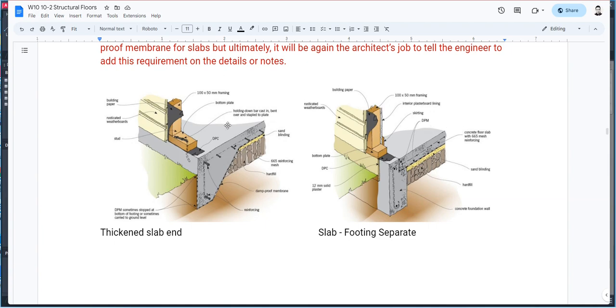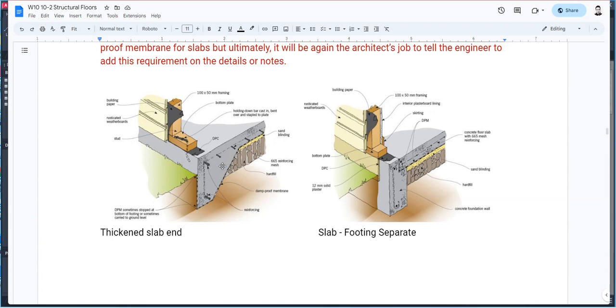Here it's monolithically poured, means one pour, you pour the footing and the slab all at once. This one I've seen it done typically more nowadays for houses.